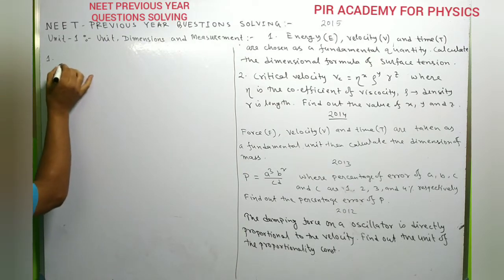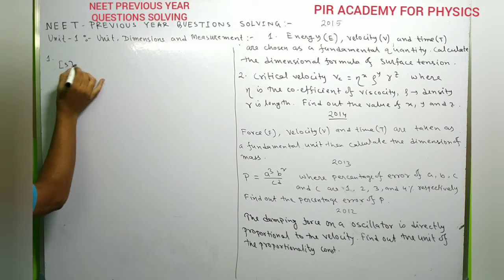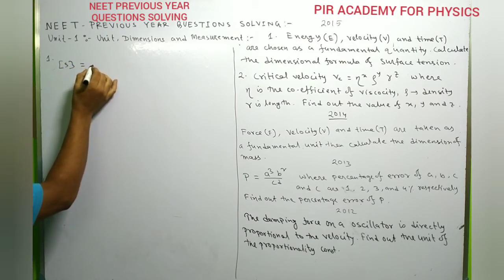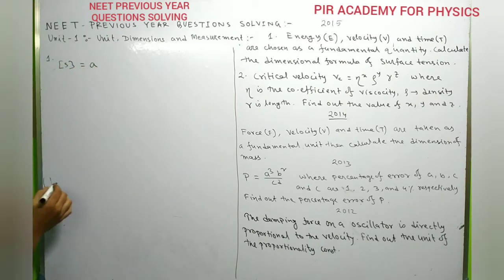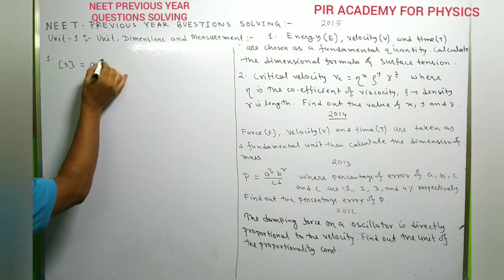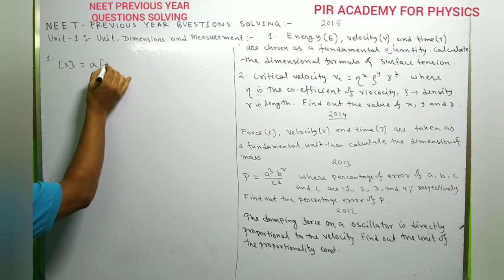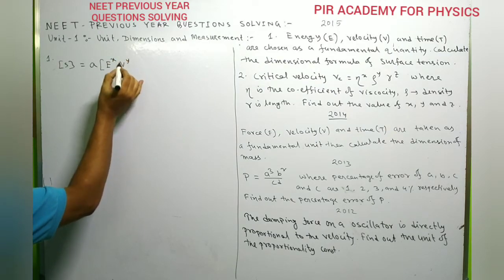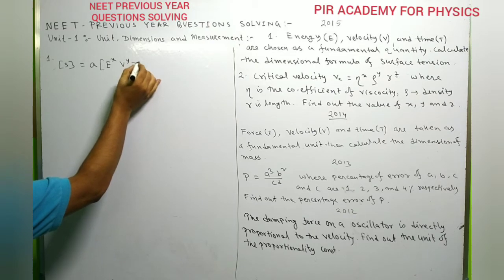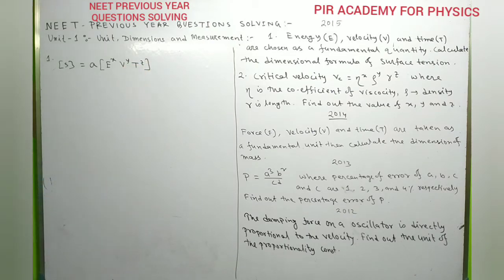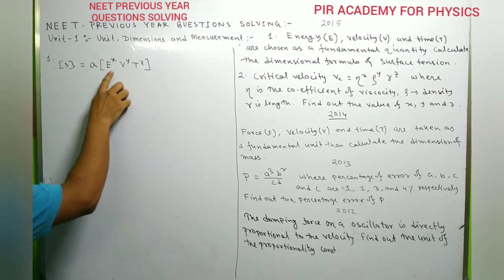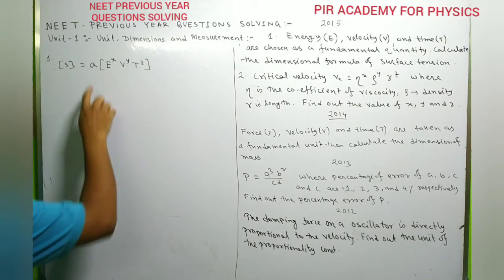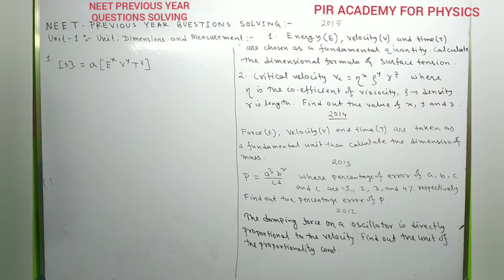So surface tension can be expressed as a dimensionless constant times energy E to the power x, V to the power y and T to the power z, if I express the surface tension in terms of energy, velocity and time. This constant is a dimensionless constant.